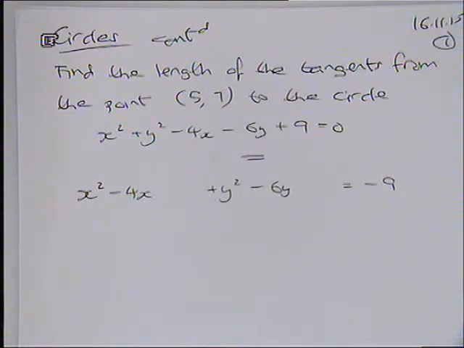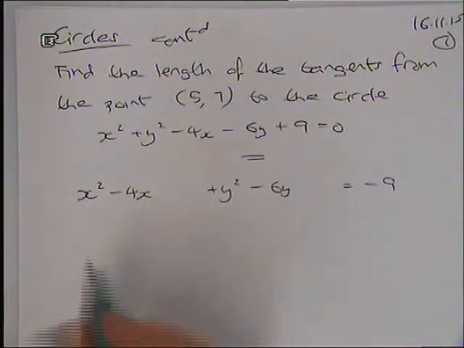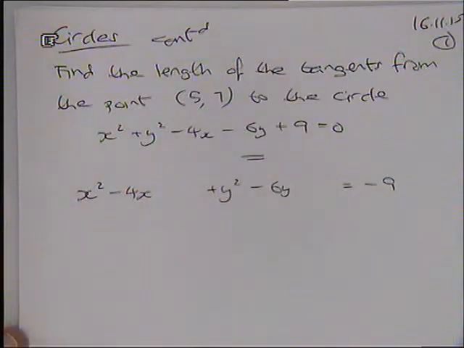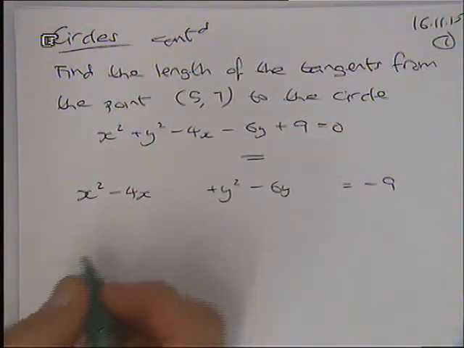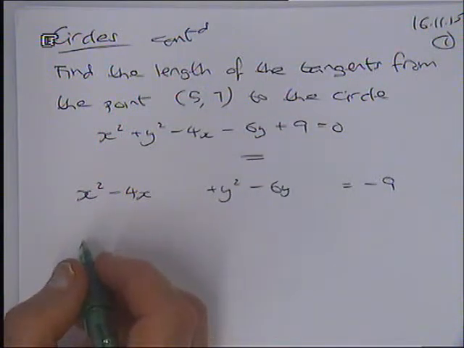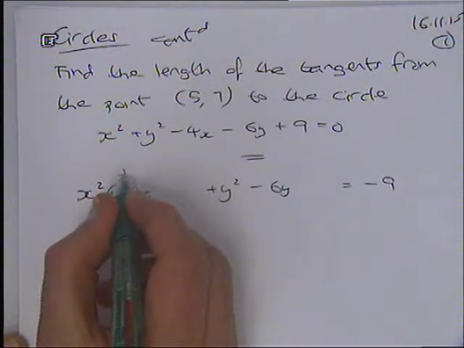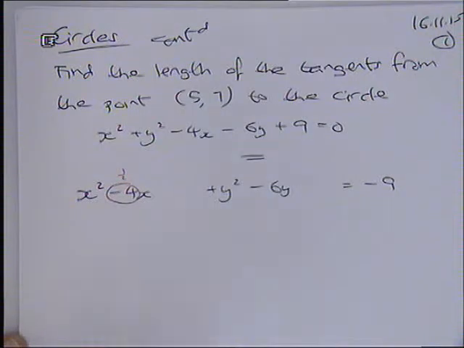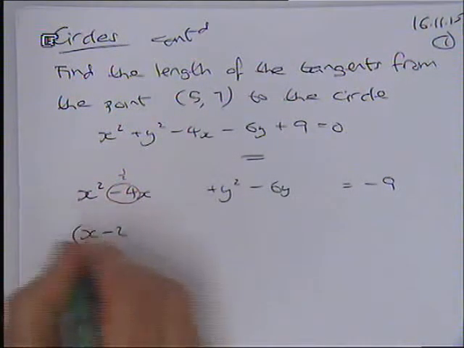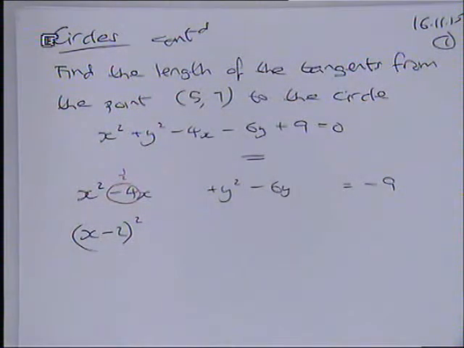Right. Can anybody then take me through, unless you want to carry on, James? It's like completing the square. It's x minus 2. Yeah, that's right. We look at what half of that is. Half of that is minus 2. So we will have x minus 2 all squared.